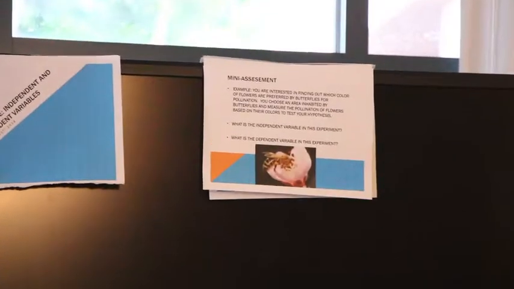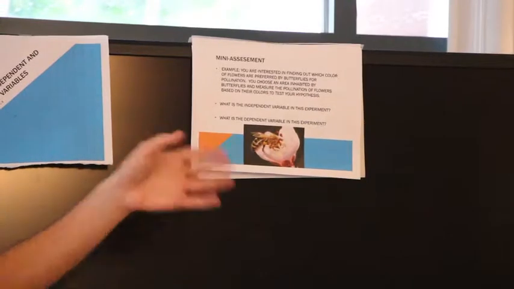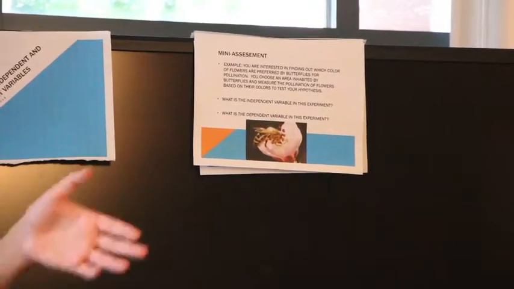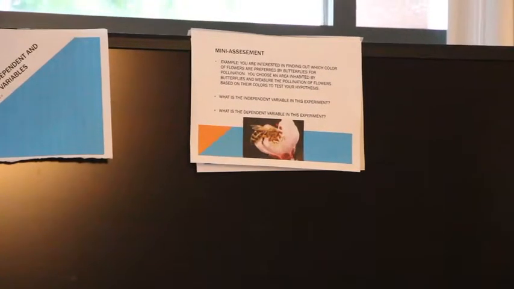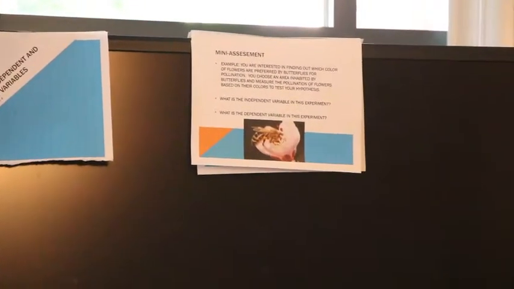Okay, here's our example. You're interested in finding out which color of flowers are preferred by butterflies for pollination. You choose an area inhabited by butterflies and measure the pollination of flowers based on their colors to test your hypothesis. What's the independent variable and what's the dependent variable in this experiment? Does anyone know the independent variable? Yeah, Jersey? The color of the flowers? Good.